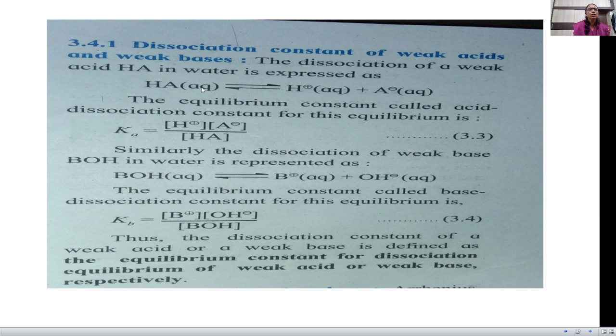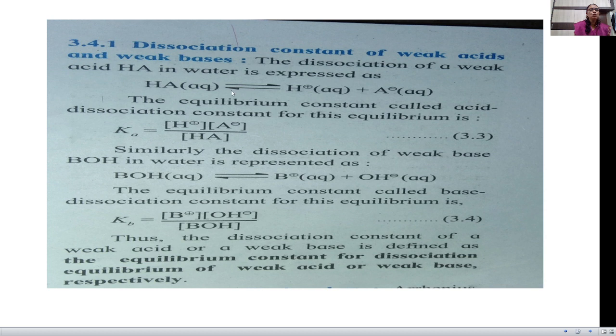Consider the weak acid HA, which in aqueous solution dissociates as H+ and A- ions. As this acid is weak, it dissociates to a small extent, and hence its dissociation is represented by a reversible arrow.